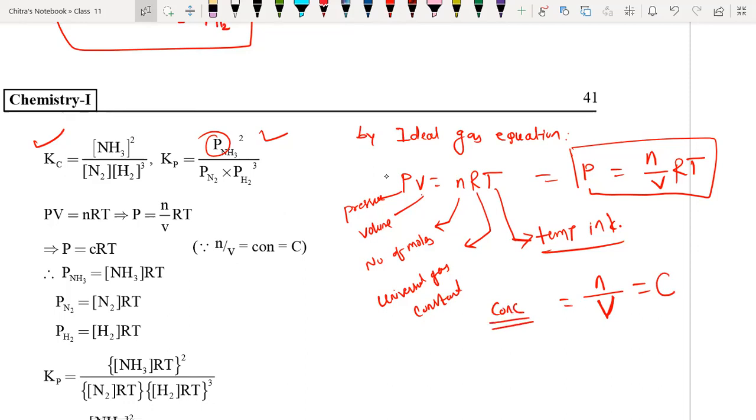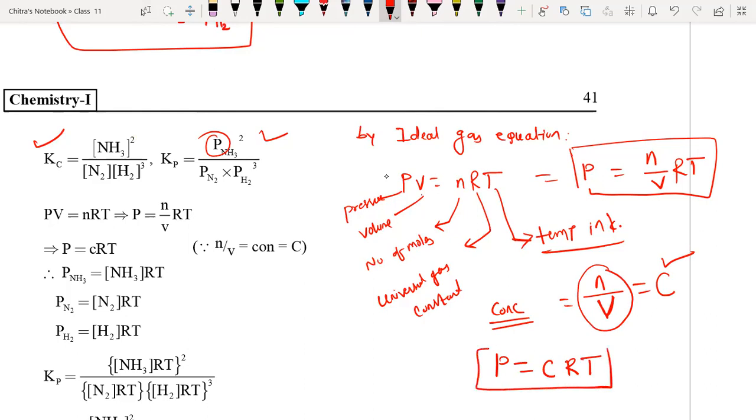So instead of n divided by V, can we write C here? Yes. So P equals, instead of n divided by V, we write C, so now we have P equals C into R into T.